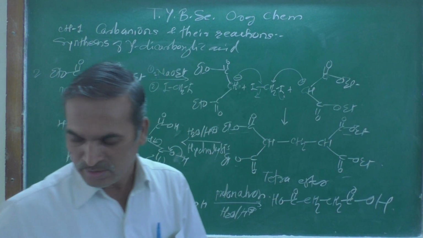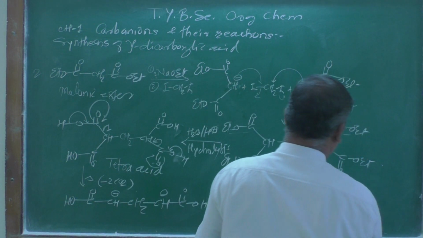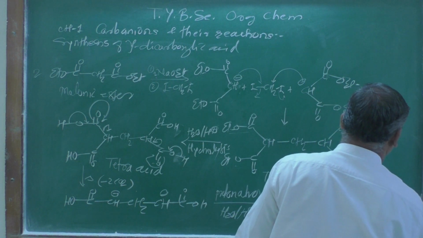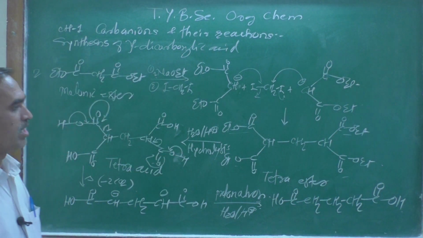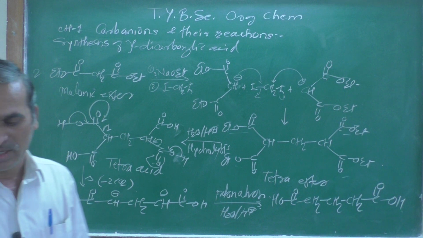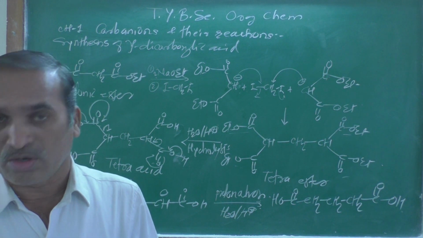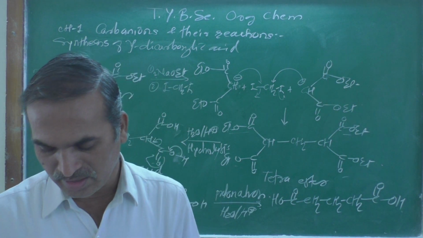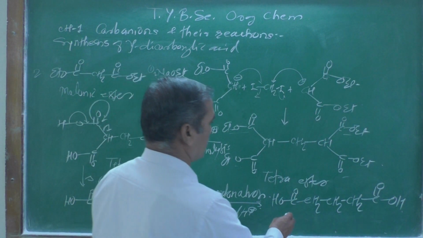I think one more CH2 you have to insert there: CH2, then C double bond O and OH. This is a dicarboxylic acid we have got, and in this way we have prepared the desired dicarboxylic acid, which is known as pentane 1,5-dicarboxylic acid.